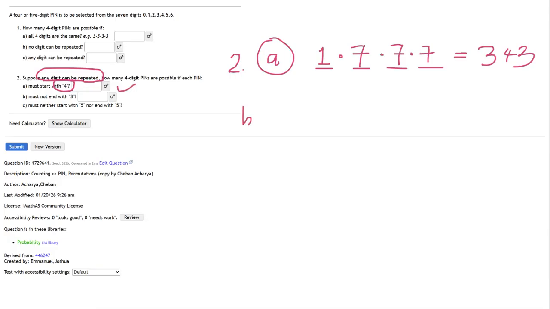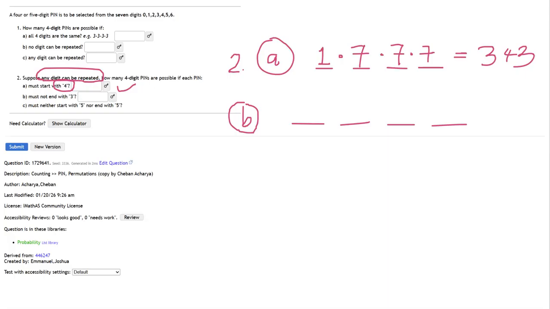For part B, any digit can be repeated, but there is an instruction you have to be careful with: the pin must not end with 3. So the last digit cannot be 3.